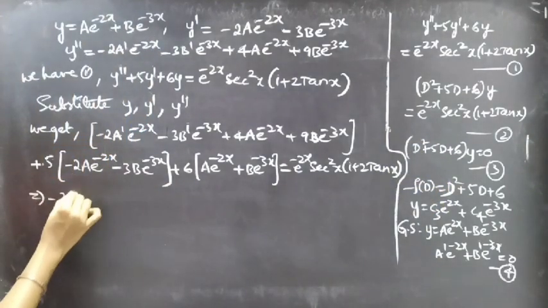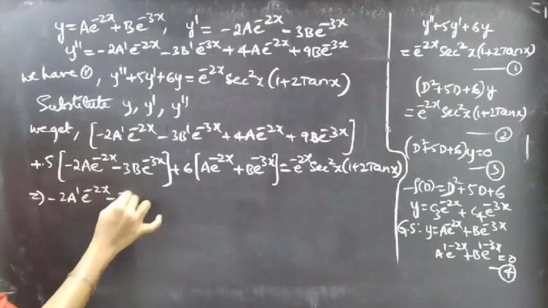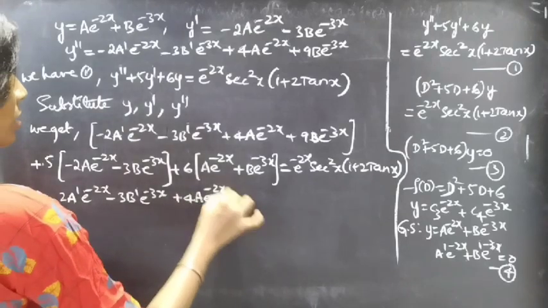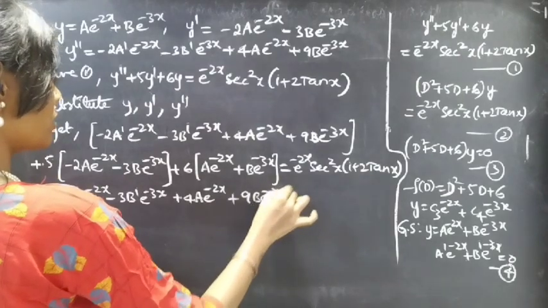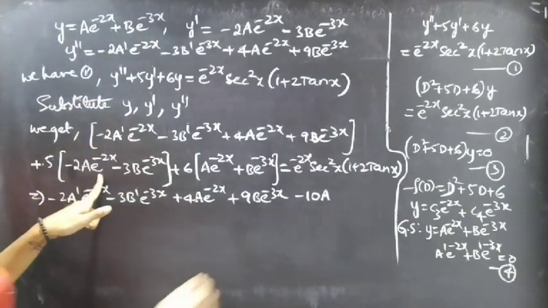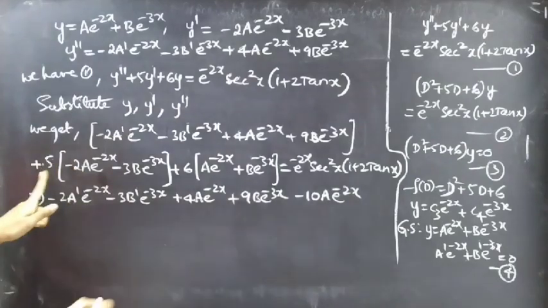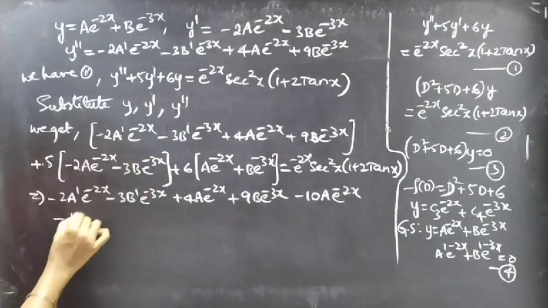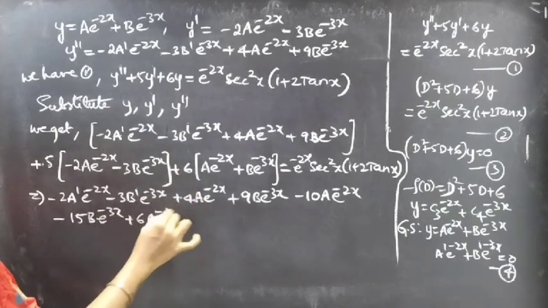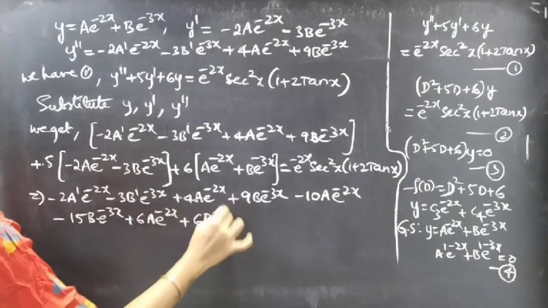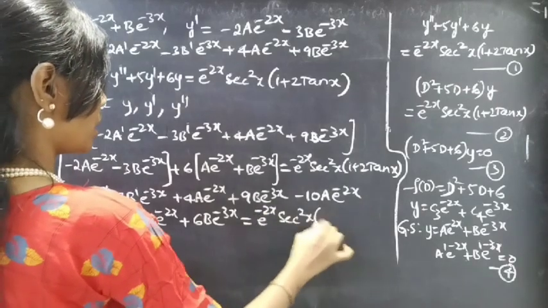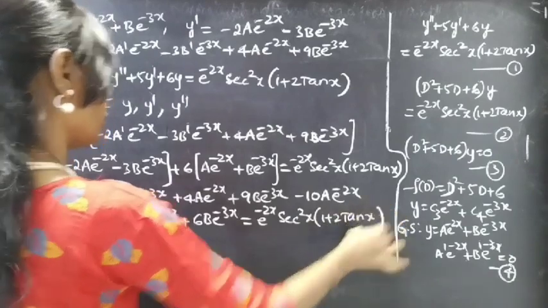This gives us minus 2a dash e power minus 2x minus 3b dash e power minus 3x plus 4a e power minus 2x plus 9b e power minus 3x minus 10a e power minus 2x minus 15b e power minus 3x, since 3 fives are 15, plus 6a e power minus 2x plus 6b e power minus 3x equal to e power minus 2x secant square x of 1 plus 2 tan x, right?